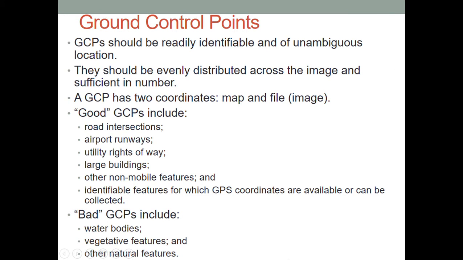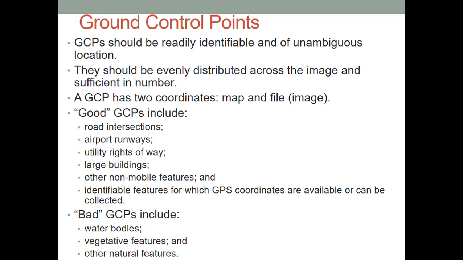So it is evenly distributed, and it can help you to register without creating more and more distortion and skewness. The good number will be a minimum of 4 for every edge of the image. But of course, you can do more than 4. It's much better.